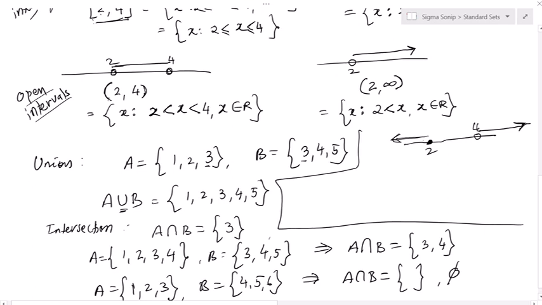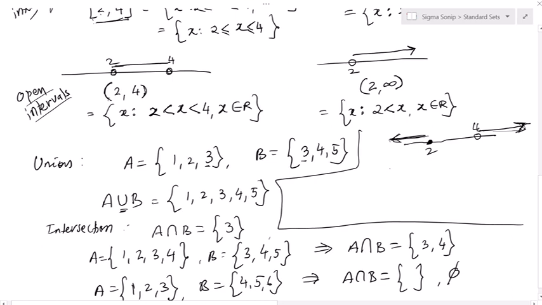Now you cannot define this kind of set with any single interval here. So what we do is we define two sets. One set is this, and the other set is this, and then we do an intersection of these two sets. So we can do that using intervals.